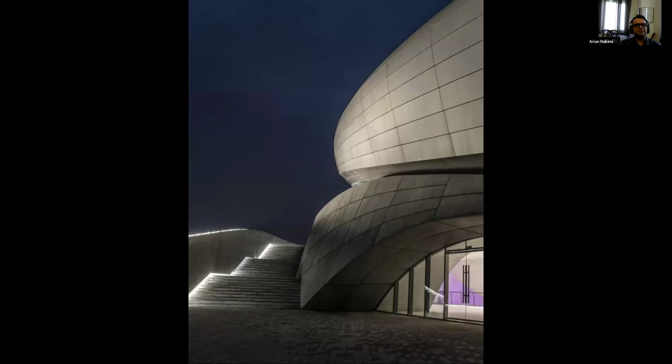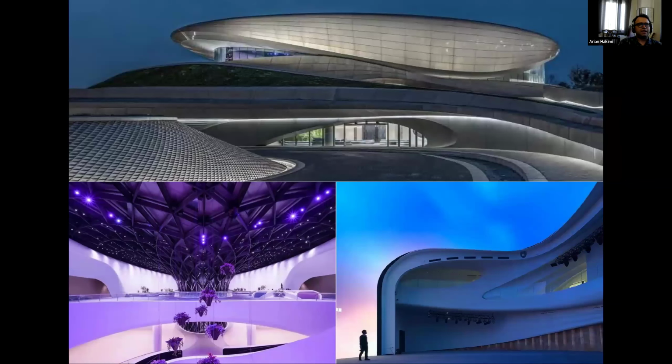It was a very interesting experience doing a fast forward project. And in this project, I became a lead architect and I was engaged in almost all design packages, from the facade to the interior, to the GRC podium, to redesigning the feature amphitheater.